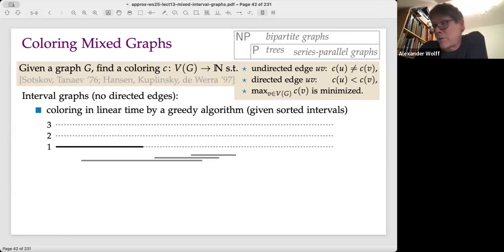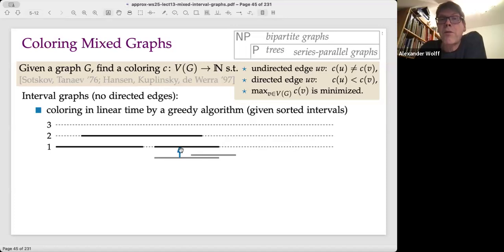You cannot color it with 1, so you take 2 instead. Then here comes the third interval. The 1 is available again because the first interval does not intersect the third interval, so you can color it 1. And the last interval cannot be colored with 1 or 2, so you need to use 3.